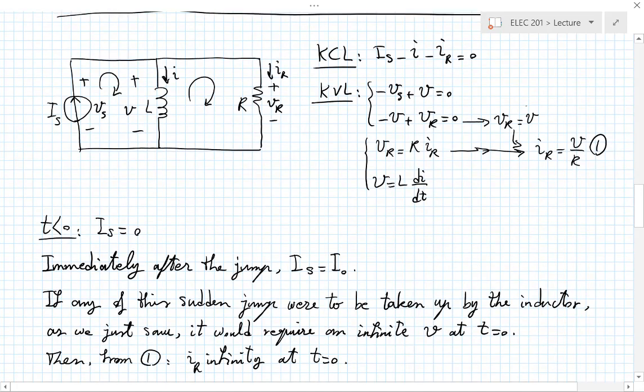Now, let's look at the KCL up there. If IR is infinity, I just said it can't be because IS cannot supply infinity. IS is I naught, right? Is there something else that we could say about this KCL?